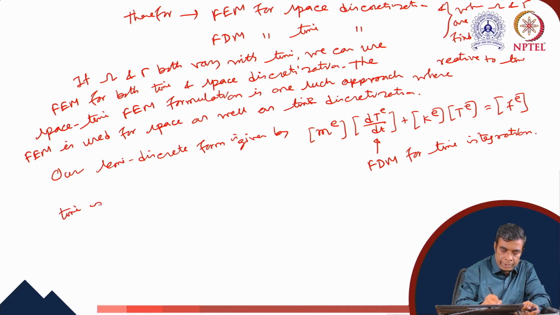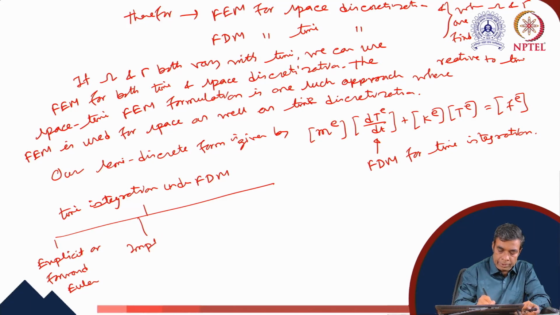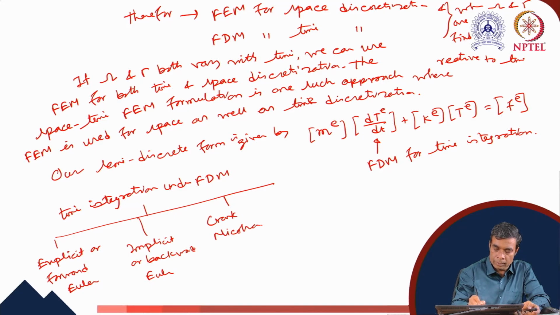Time integration under FDM: we have the explicit or forward Euler scheme, we have implicit or backward Euler, we have the Crank-Nicolson scheme, and then we have the Galerkin scheme.